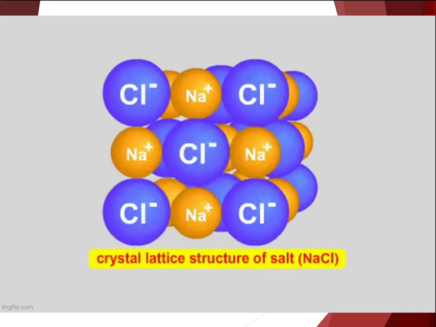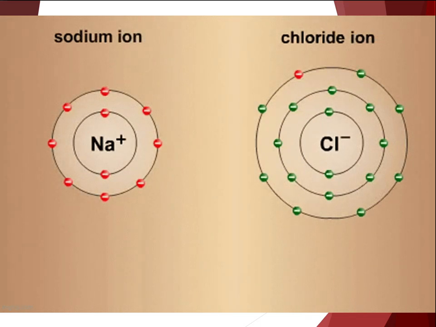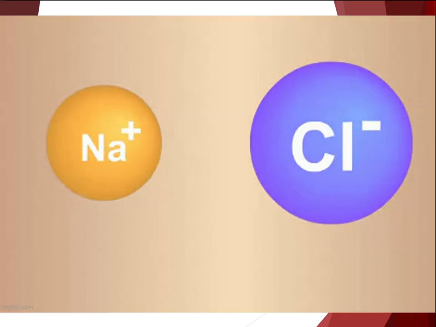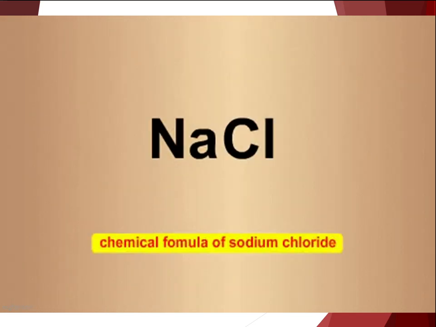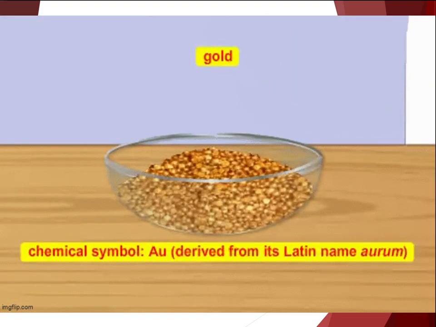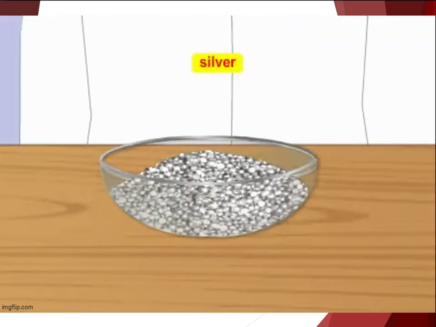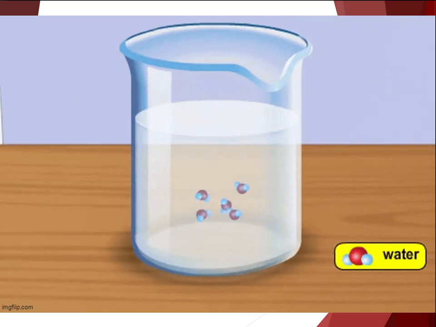A chemical formula tells what elements make up a compound and how many ions or atoms of each element are present. An ionic compound consists of cations and anions held together by the attraction between their opposite charges.